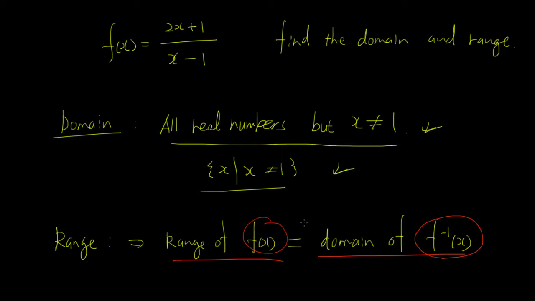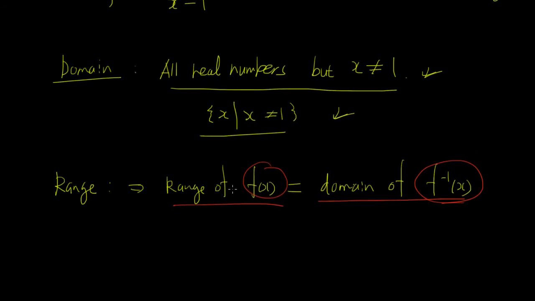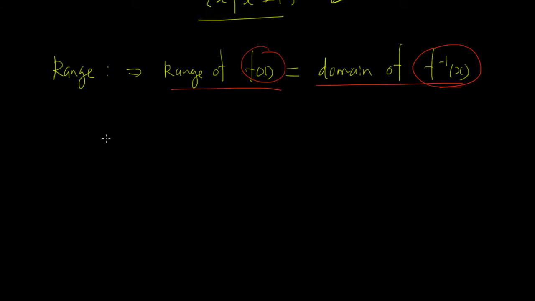So what's the inverse function of this? Remember that f(x) was (2x + 1) over (x - 1). We need to find the inverse of this function.